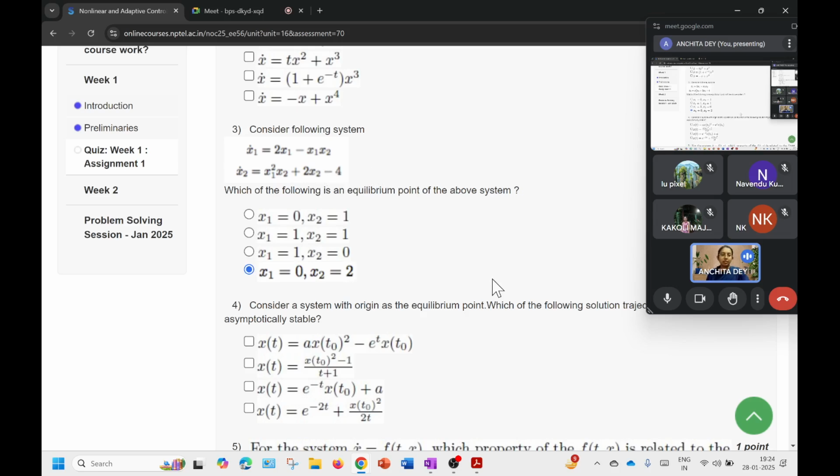I hope that's clear to everyone. Right. You can't comment on it right now. So you need to do further analysis to know whether it's a stable or unstable one.